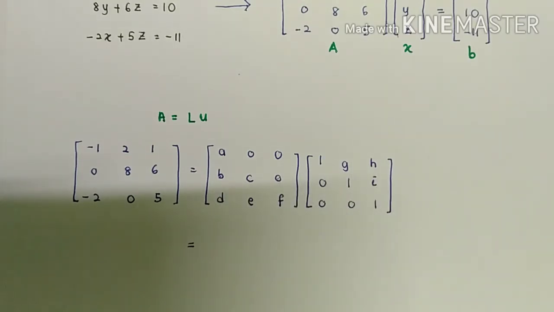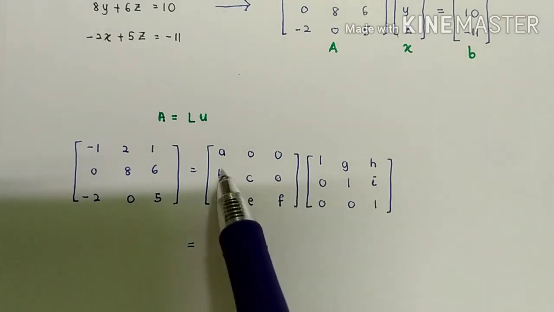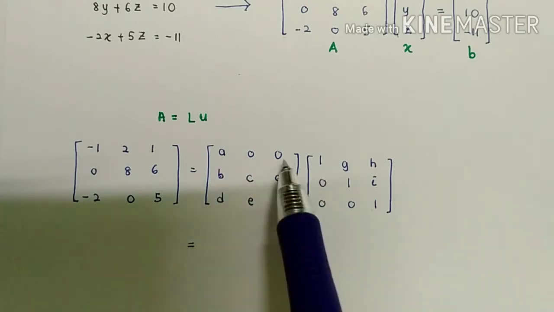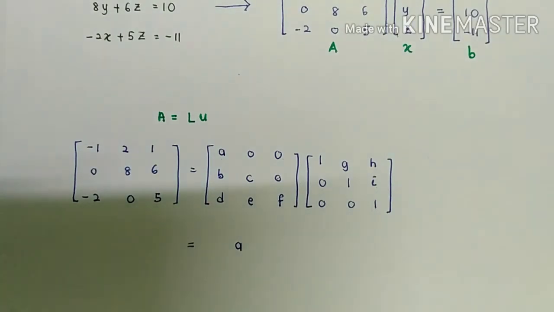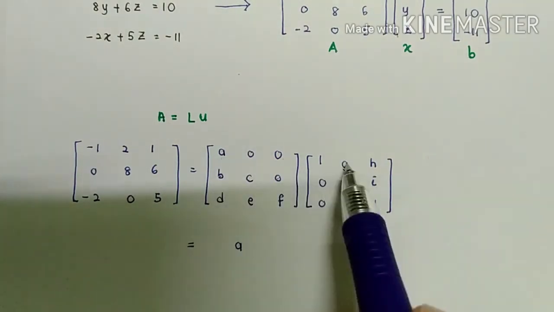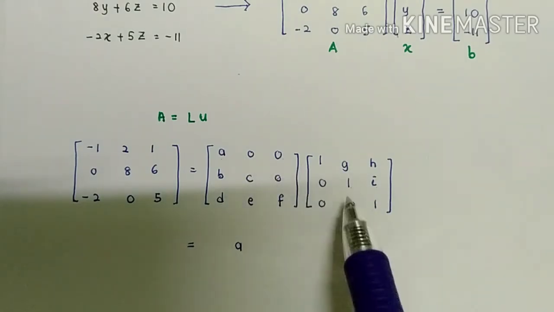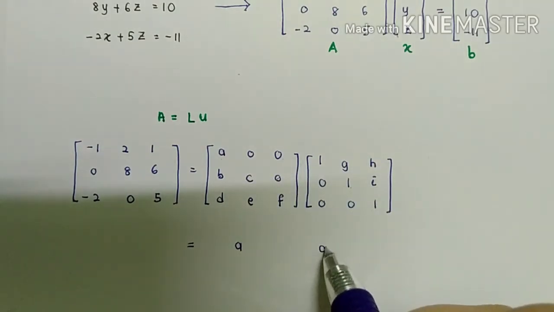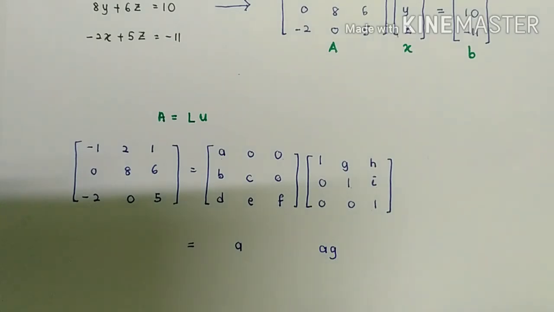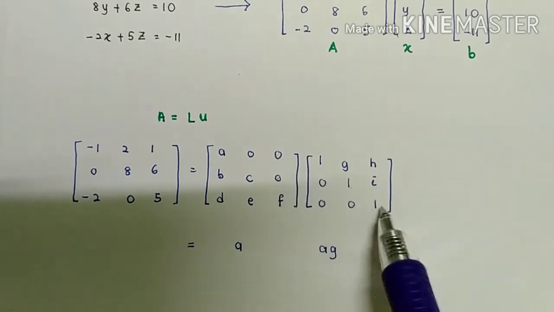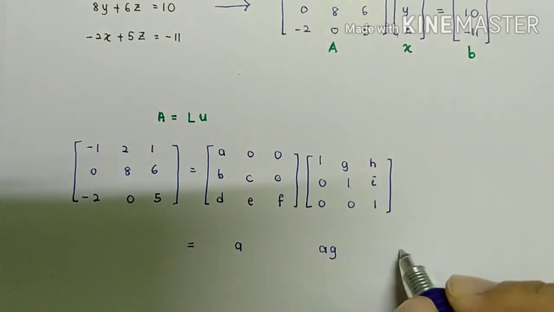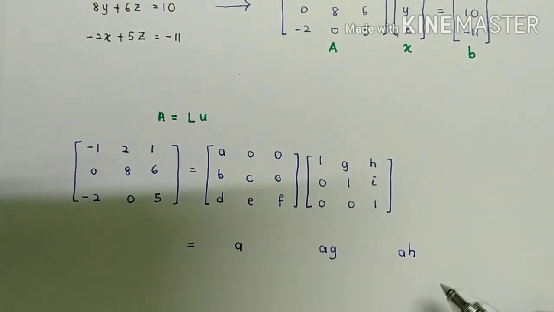Multiplication of matrices. We must multiply row and column, row and column, row and column until the third row and third column. So here, for the first row and first column, we get A times 1, 0 times 0, and 0 times 0. So we have A. And then we have A times G, 0 times 1, 0 times 0, so we have AG. And then A times H, 0 times I, 0 times 1 is AH.